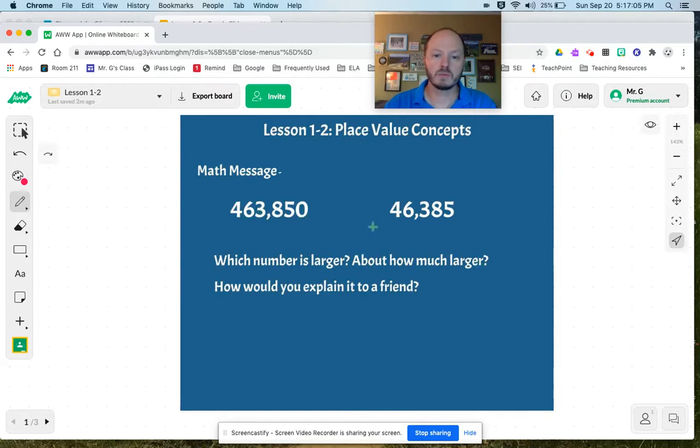Then think about how you would explain how much larger it is to a friend, someone you're trying to teach this idea. What numbers would you use to help describe it, and what would you say in order to help compare them?